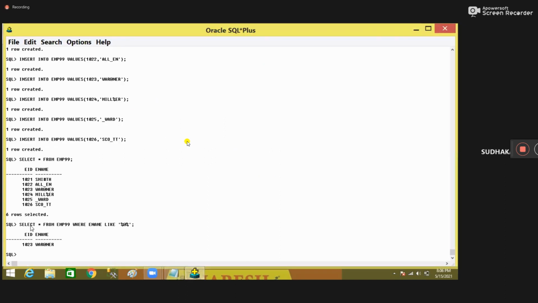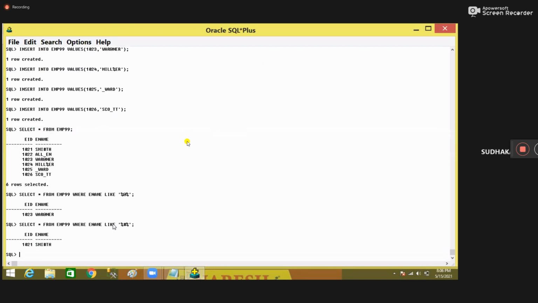How to write here, same to same, I'm writing LIKE operator and passing percentile, hash, percentile. Now the people are also coming out, Smith hash is coming out.